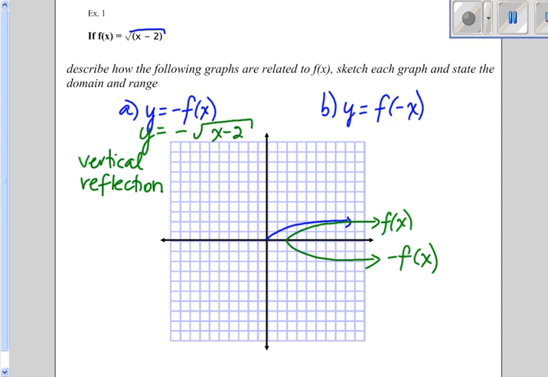For the second one, if I have replaced my x with a negative x, that means I am putting my negative within the function. So I have the square root of, I replace x with negative x. That means I have put something inside of the function. I have a horizontal change.